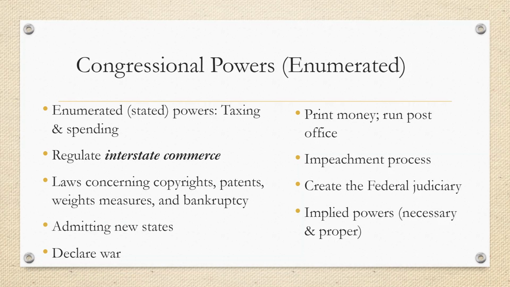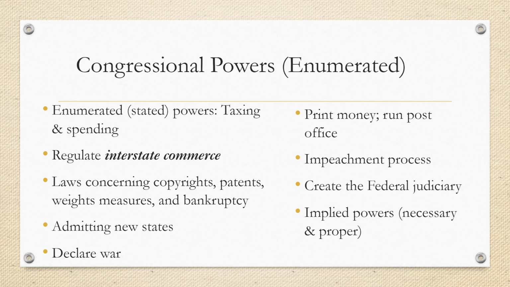Just as a review of the 7 articles: first is legislative, second is the executive branch, and third is the judicial branch. Then they talk about federalism, the breaking of the government into national and state and local levels, in Article 4. Article 5 is the amending power, where they talk about how you can actually change the Constitution.